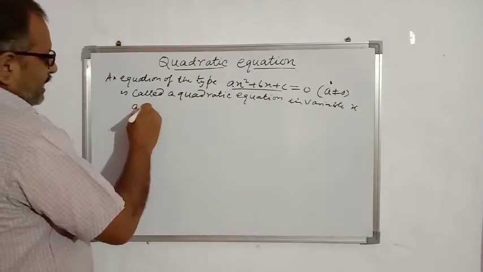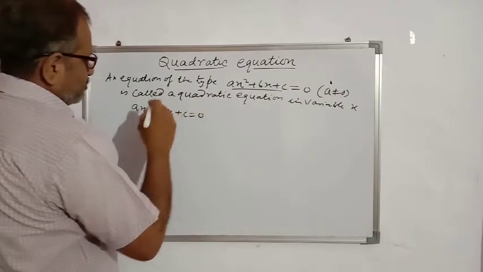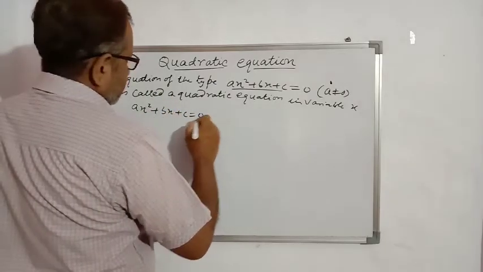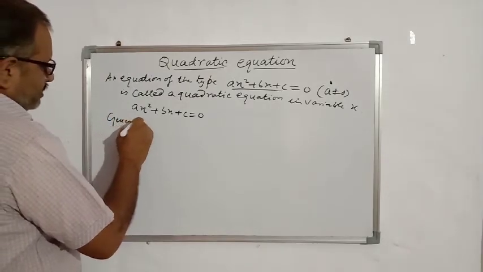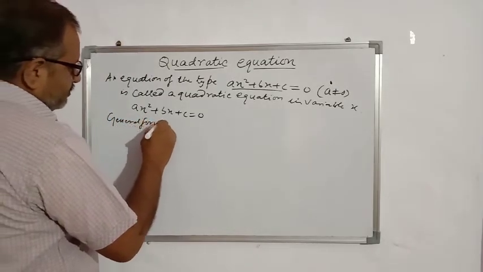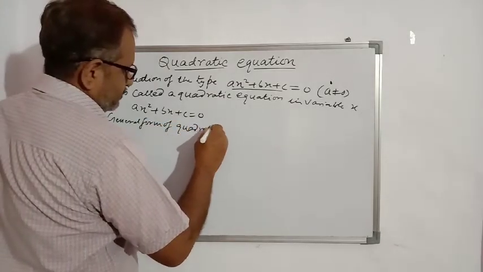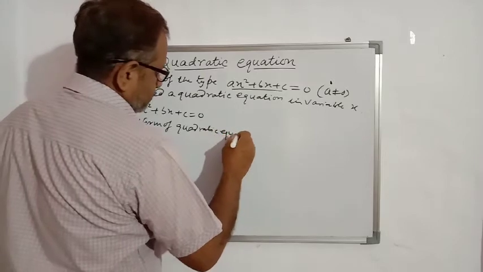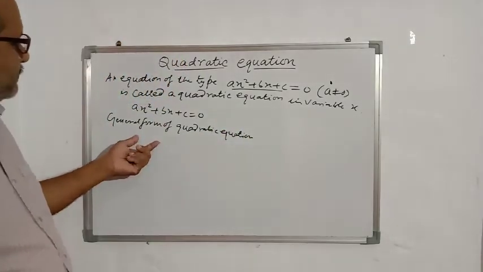So ax square plus bx plus c is equal to 0 is the general form or standard form of quadratic equation.